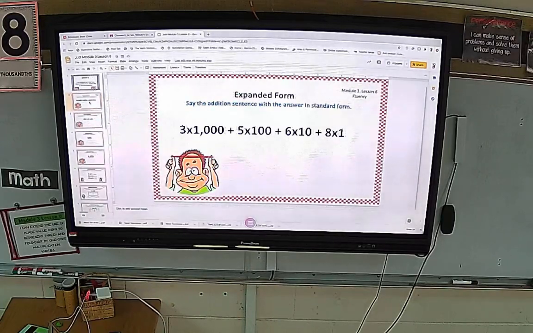Before you put that in your backpack, let me see it. This place value chart came from our first module. We've had that a long time, haven't we? Never mind. Go ahead and put it in your backpack.